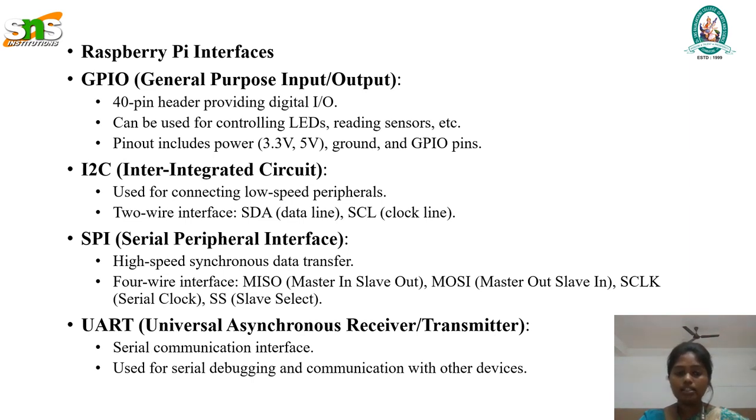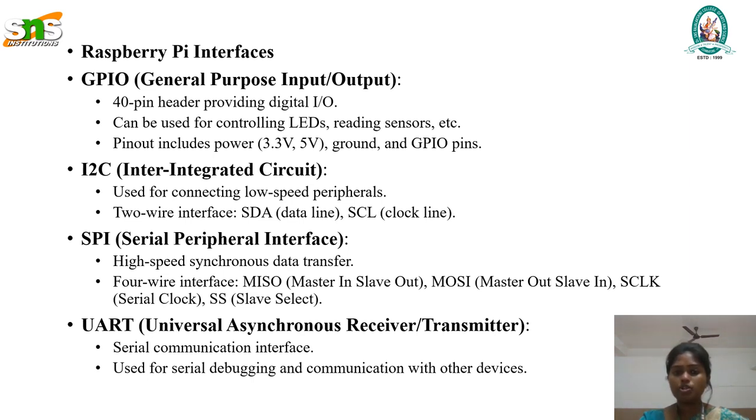I2C is the inter-integrated circuit, used for connecting low-speed peripherals, a two-wire interface with SDA data line and SCL clock line. SPI is the serial peripheral interface, for high-speed synchronized data transfer, a four-wire interface: MISO, MOSI, SCLK, and SS.